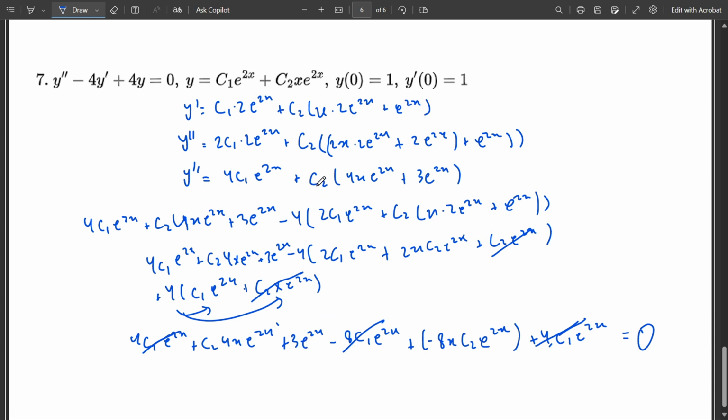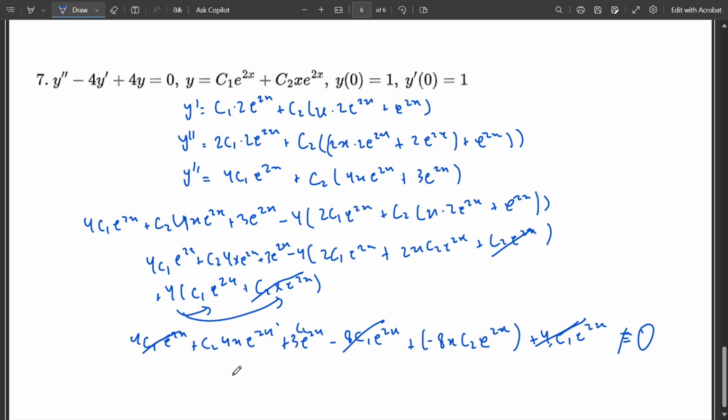This is y double prime. Yeah, but it doesn't change things. This is still not equal to zero. Please correct me if I'm wrong in the comments.